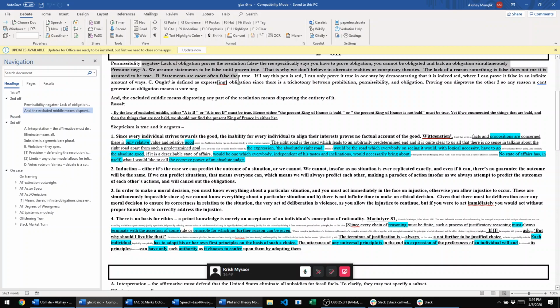In responding to permissibility and presumption negates, there are arguments for both sides here. You might want to just disprove skepticism itself.